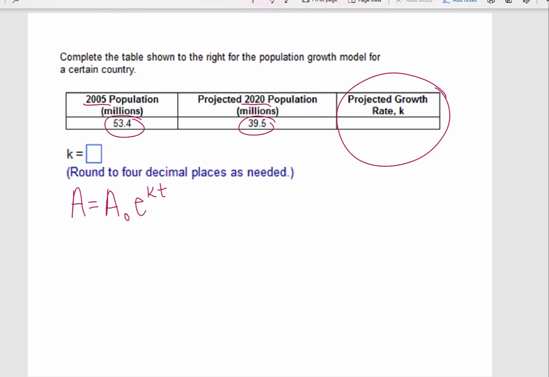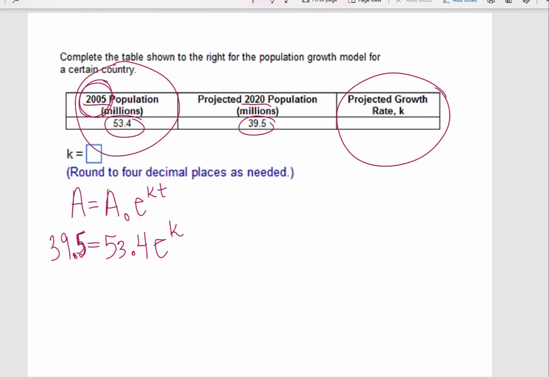So filling it in, we would first be in 2005, right? So 53.4 is where we started. 39.5 is where we end up. E is E. K I'm solving for, so K will stay K. And then T, well, that's going to be how much time passed from when we started.